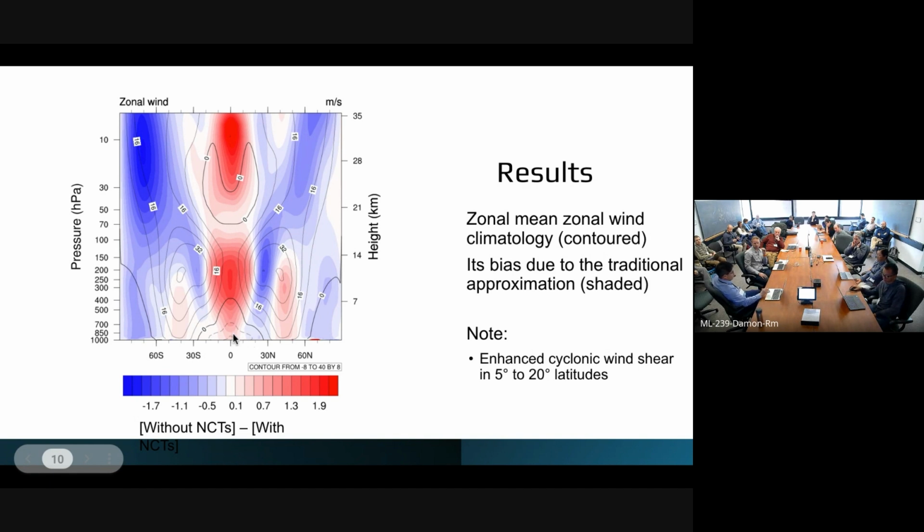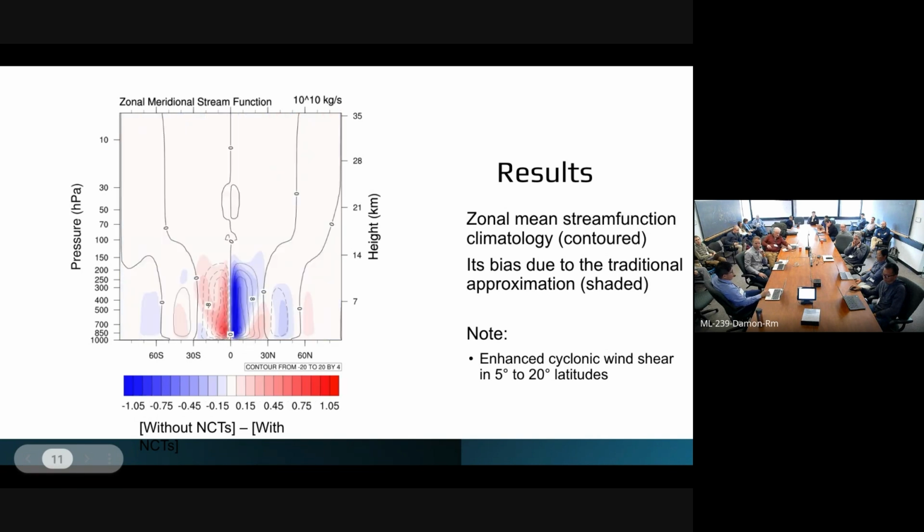This is cyclonic, right here. Also right here. That introduces Ekman pumping, which is indicated by the shading here. It's in the stream function increasing toward the north, which means excessive vertical motion right here. That's due to the Ekman pumping.